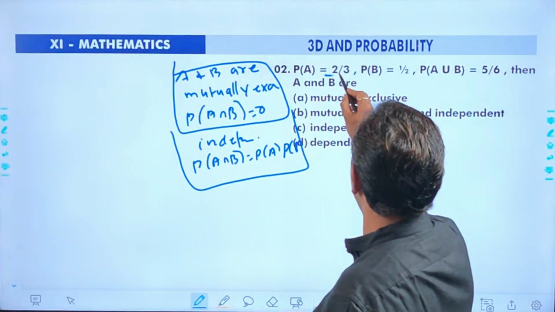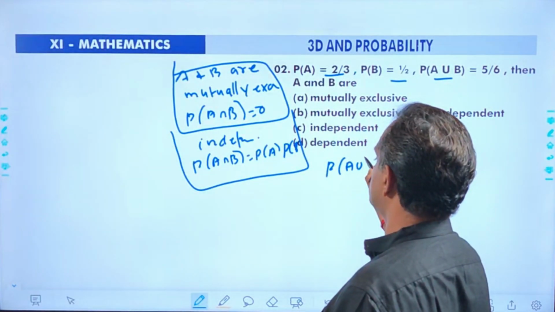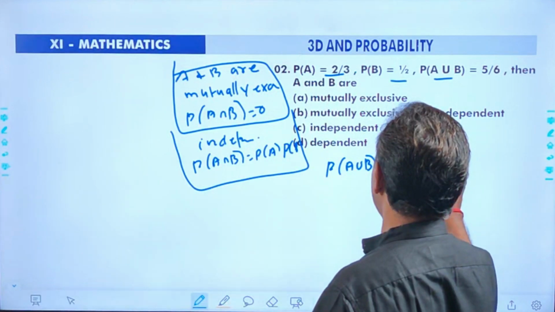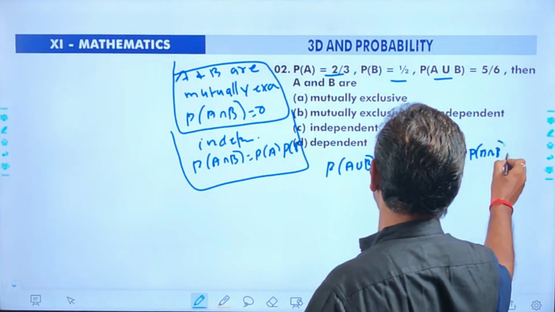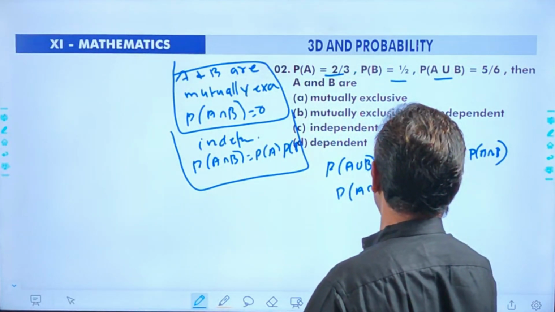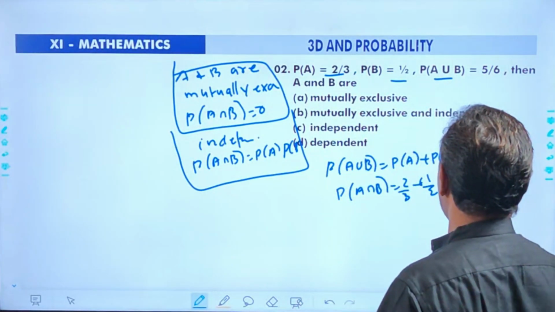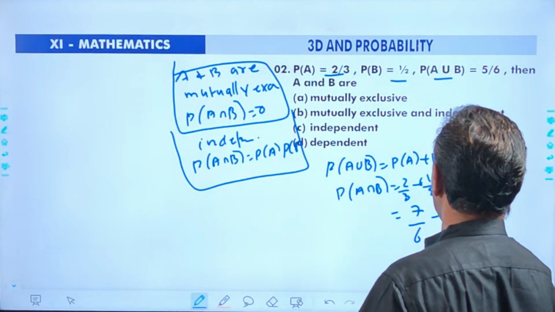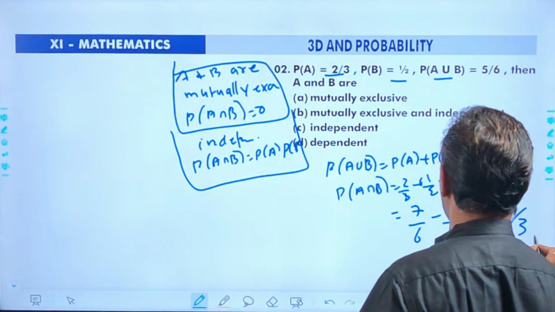Now here they are given P of A, P of B, and P of A union B. So we know that P of A union B has a basic formula, P of A plus P of B minus P of A intersection B. So P of A intersection B will be 2 by 3 plus 1 by 2 minus 5 by 6, which is 4 plus 3, 7 by 6 minus 5 by 6, which is 2 by 6 equal to 1 by 3.